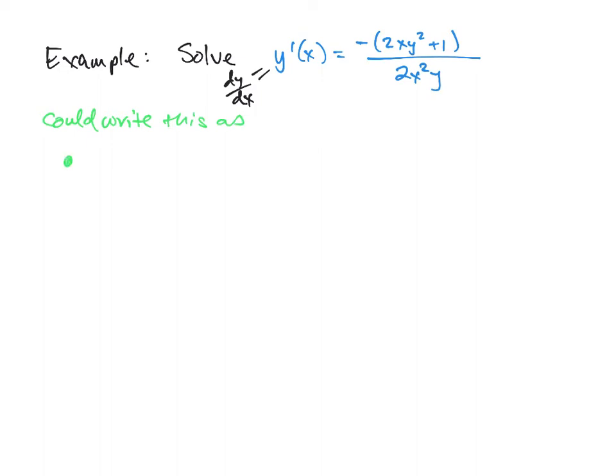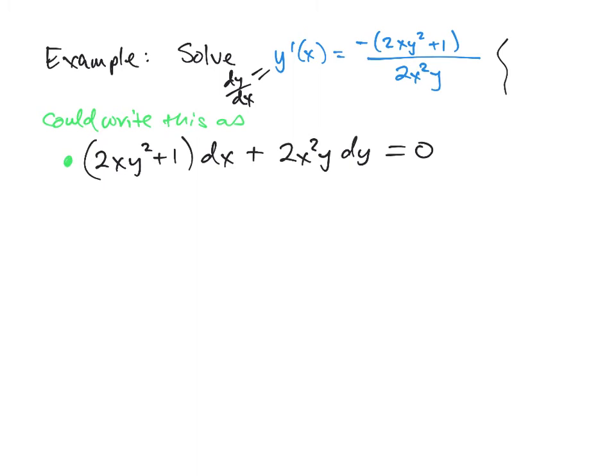The first one is the obvious one: if you cross multiply and then add over, you get 2xy squared plus 1 dx plus 2x squared y dy equals 0. That's an equivalent way to write this equation that we're interested in.